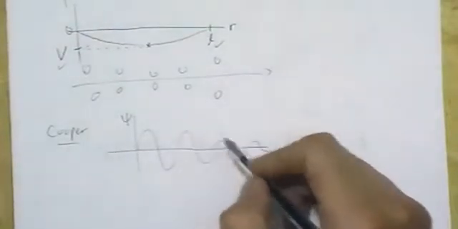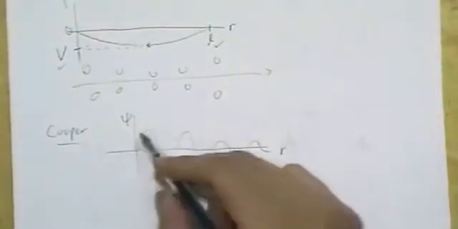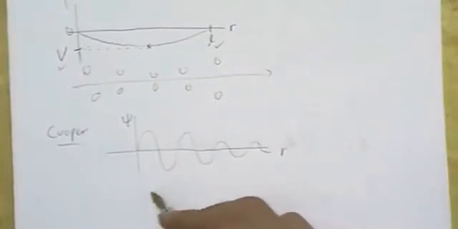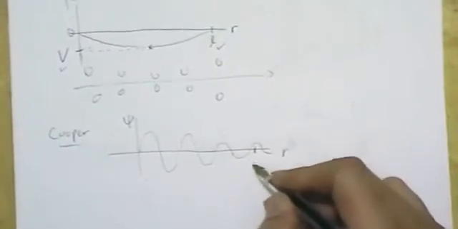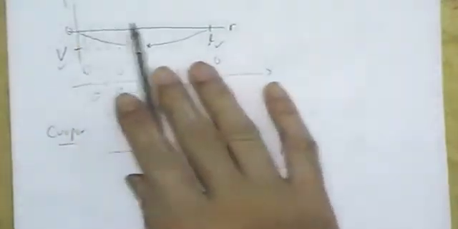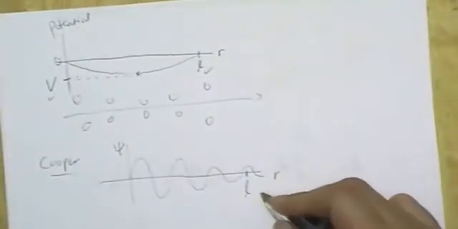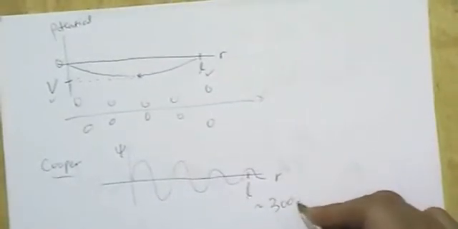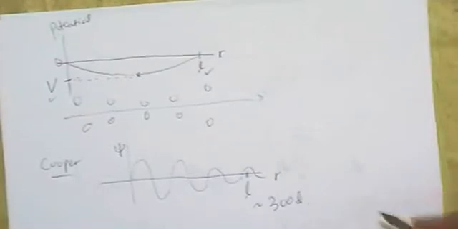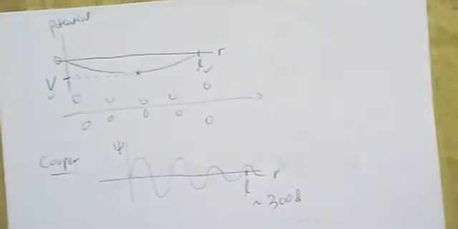There are many oscillations, and the extent of this wave function is approximately the same as the extent of the potential well itself, and that's typically about 300 times the interatomic spacing.